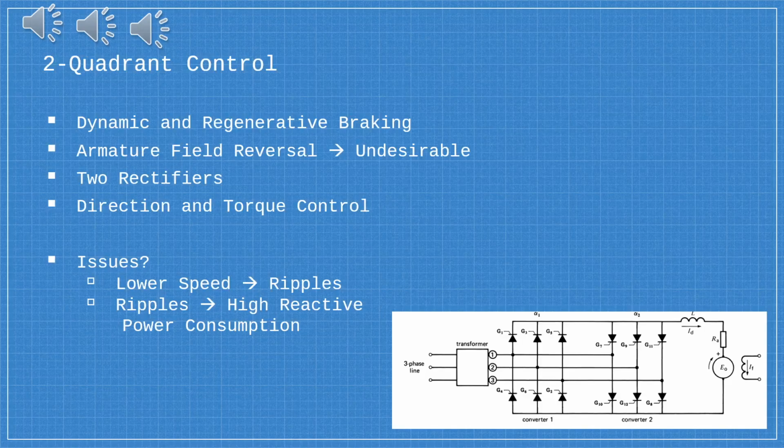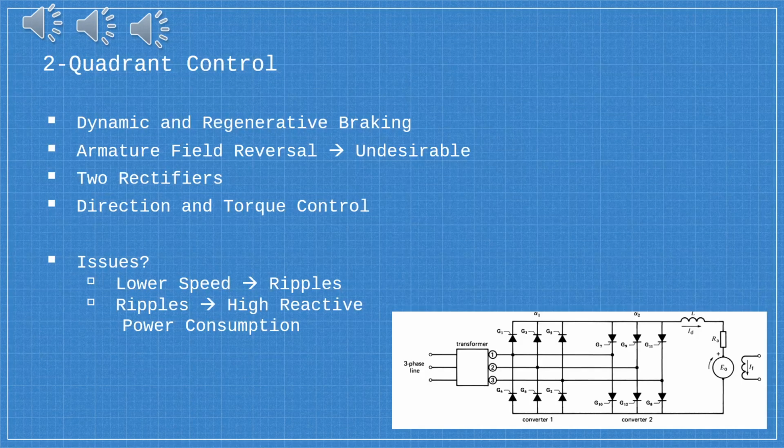With regenerative braking or reversing the direction of the motor, there is one issue, which is that it is required that we reverse the armature field, which often has to be done manually and is undesirable in industrial applications.